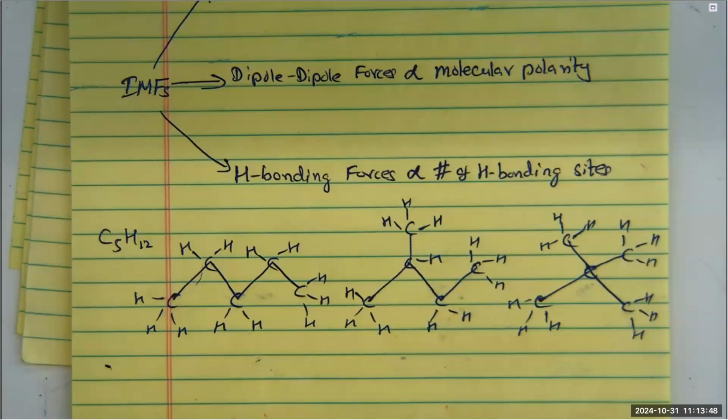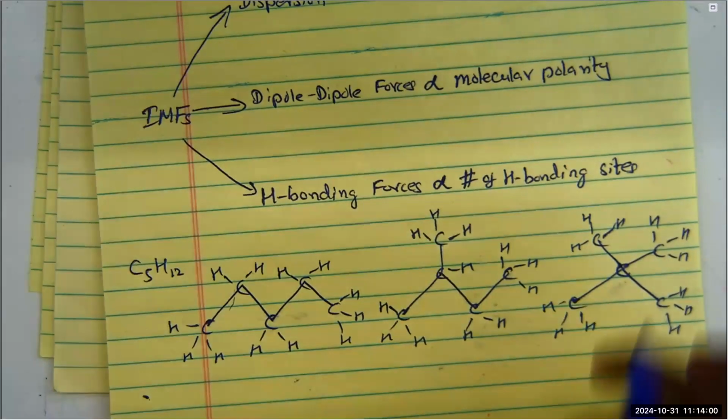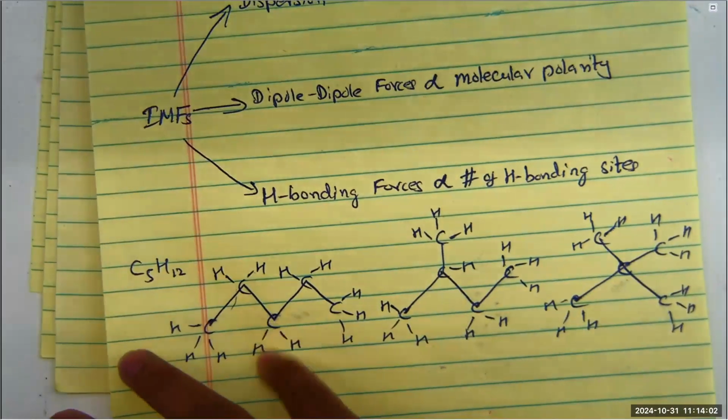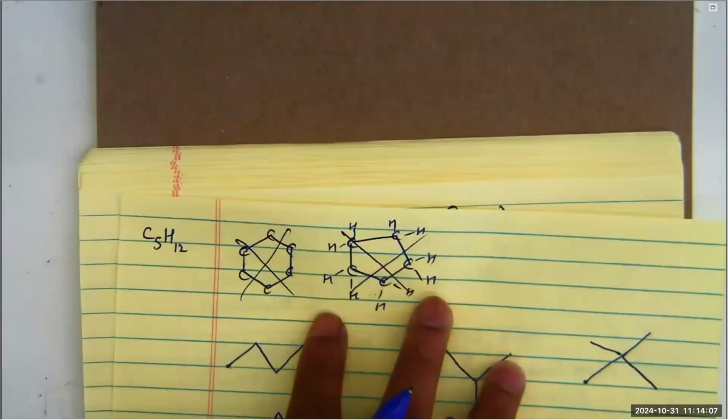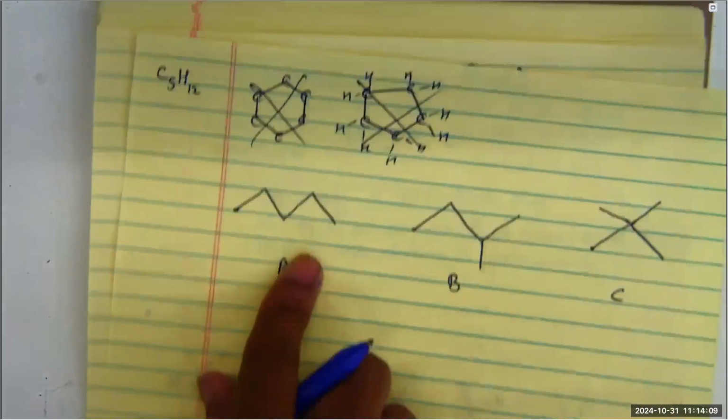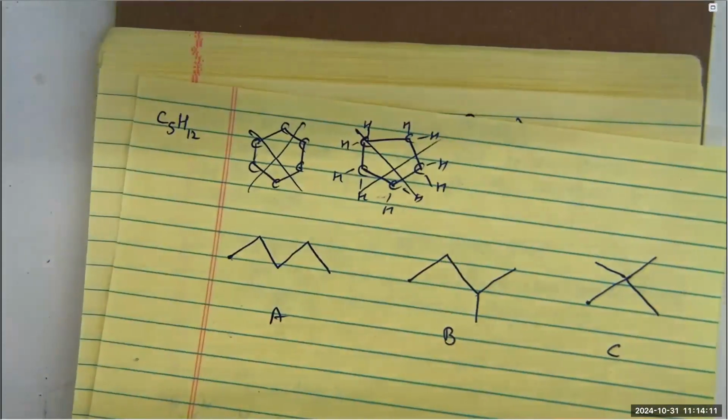Any other questions, concerns, comments at this moment? All right, now here's the real question. Out of these 3 molecules, these 3 isomers or these 3 compounds will have very different boiling points.